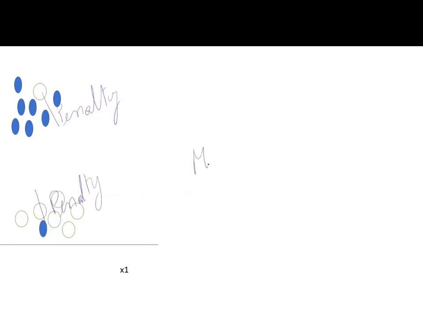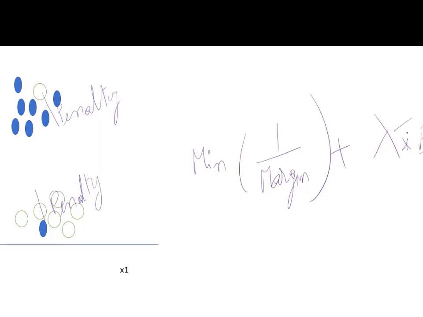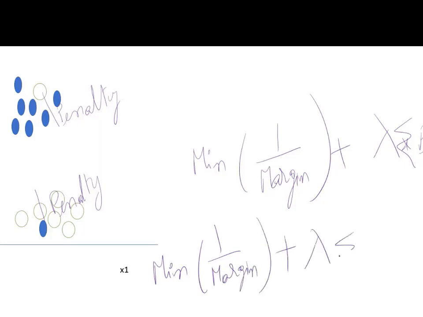So now our function would be minimum of 1 by margin plus lambda times penalty. As there are a number of points, we have to use the sum. So our function would be min of 1 by margin plus lambda times the sum of penalty. Hope you understood, my dear friends, right?